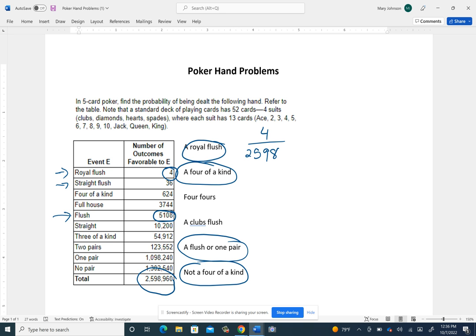In this problem, they ask for it rounded to 6 decimal places, so you type in 4 divided by that number, and you get a decimal that is long and messy. This one has 5 decimal places and then a 1, 5, 3, 9. They want it rounded to 6 decimal places, so you count out 1, 2, 3, 4, 5.